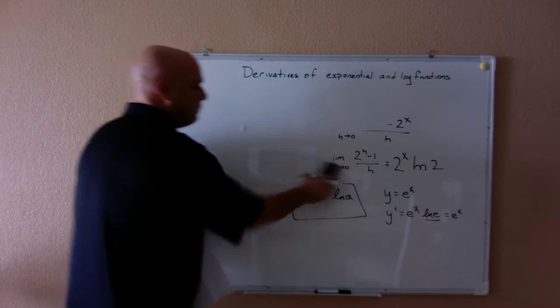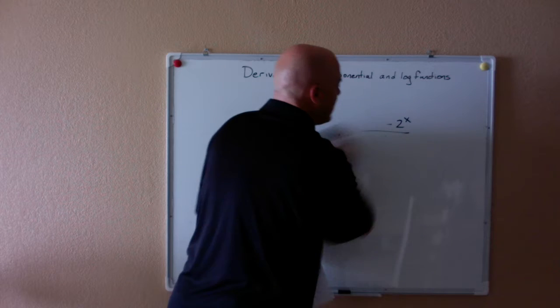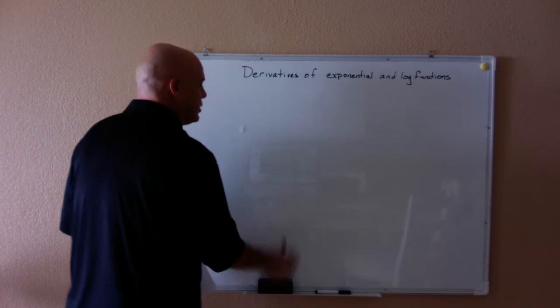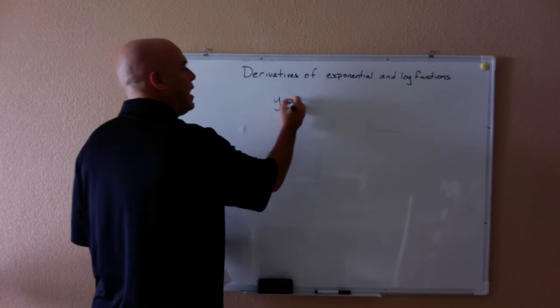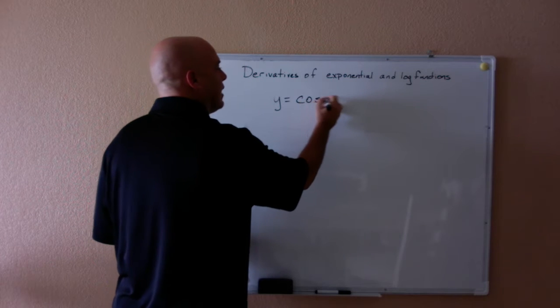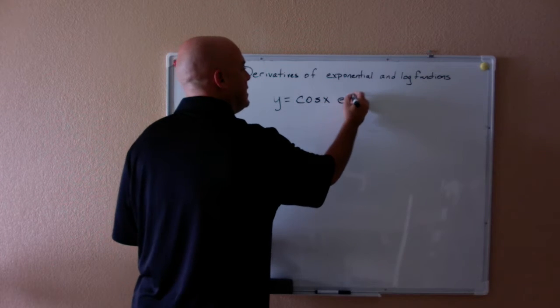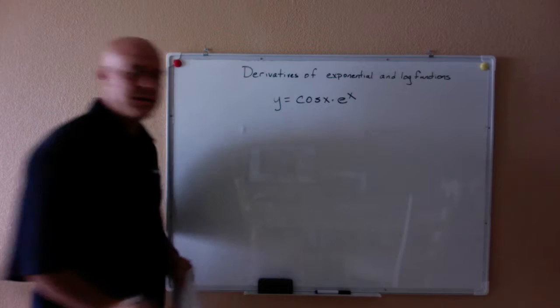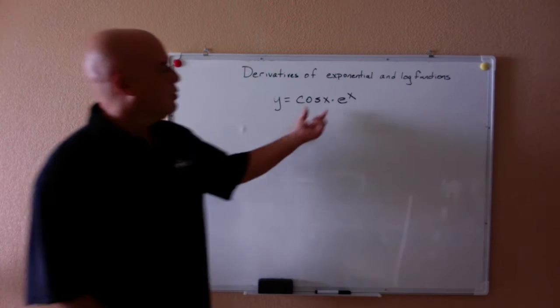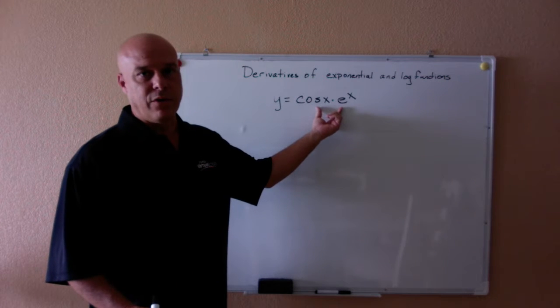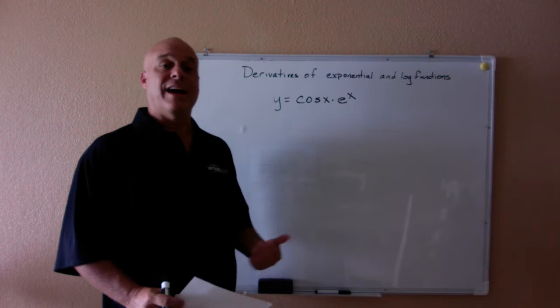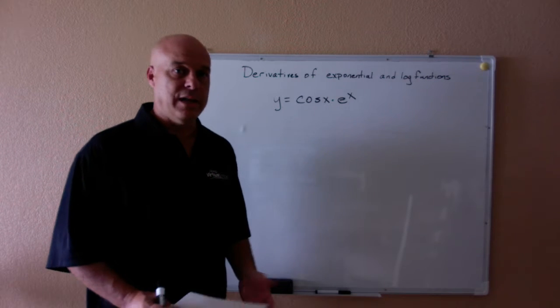So let's say that we had the function y equals cosine of x times e to the x. We've got two functions that are being multiplied together here. That tells me right away that I have to use the product rule to differentiate this.